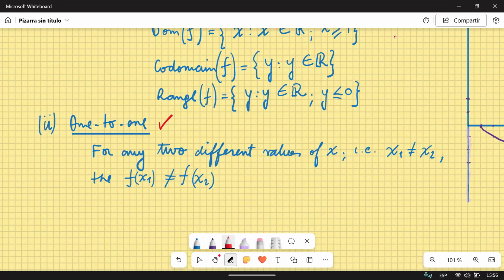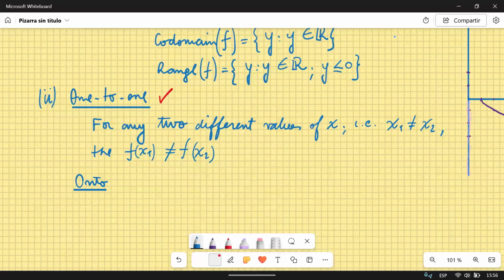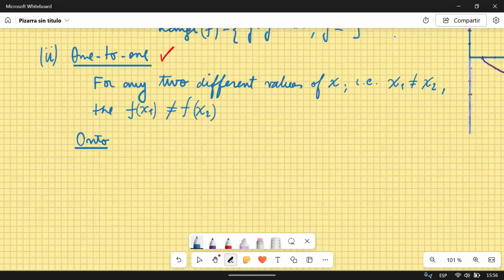Regarding if it is onto, let's see, onto function. What is an onto function? F is onto if each element of the codomain is the image of some element in the domain. This is, the range and the codomain coincide.